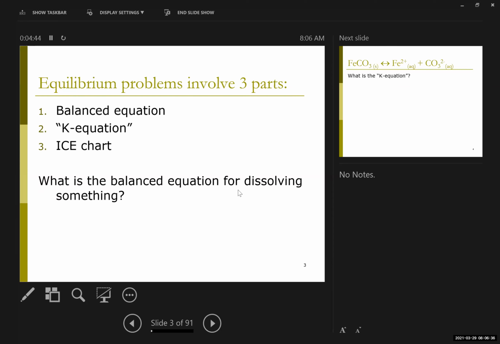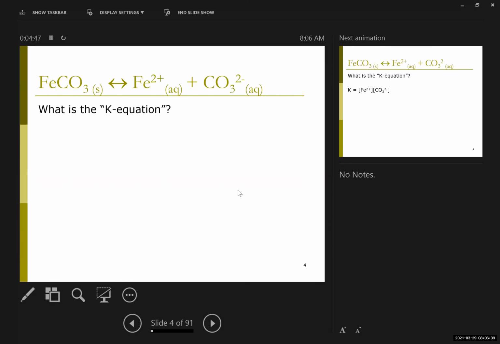And so if I'm talking about something like iron carbonate, my reaction is really the dissolving of the iron carbonate salt in water. If I were to write it out as a balanced chemical equation, even though it's mostly a physical change, I've dissolved it. I haven't really done any fancy chemistry here, although since it's an ionic compound and dissolving ionic compounds dissociates them, in some sense, I have broken a bond, the ionic bond.